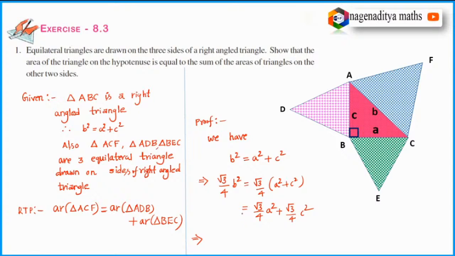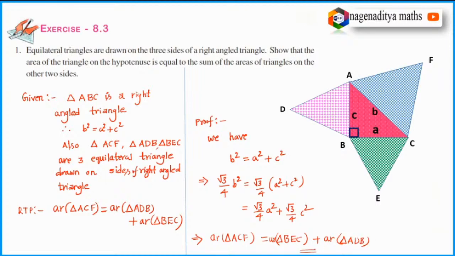So root 3 by 4 B square is equal to the area of triangle ACF. Root 3 by 4 A square is the area of triangle BEC, plus root 3 by 4 C square, which is the area of triangle ADB.